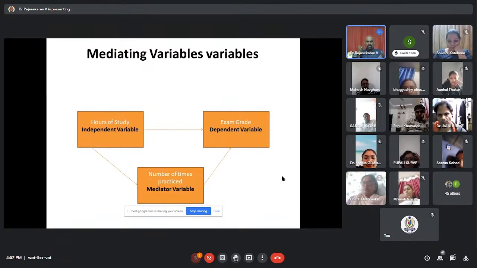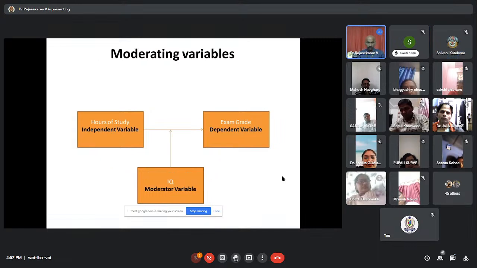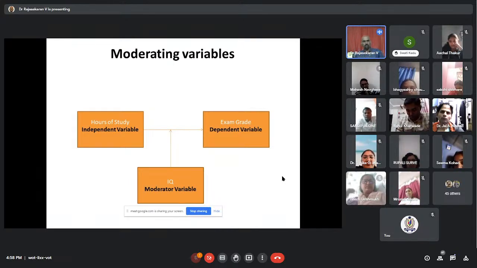When you interpret your result, you will add it. Another one is when you bring your research design, the control, mediating and moderating variables, maybe you will add those things, so that if there are results which you cannot interpret in the normal sense, these variables will help you to interpret your results clearly.